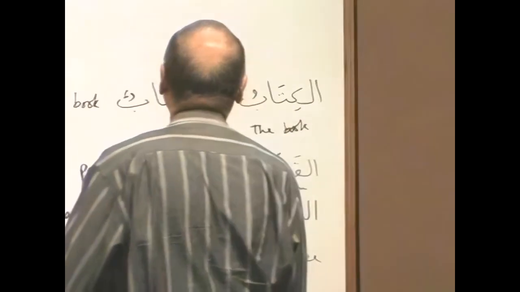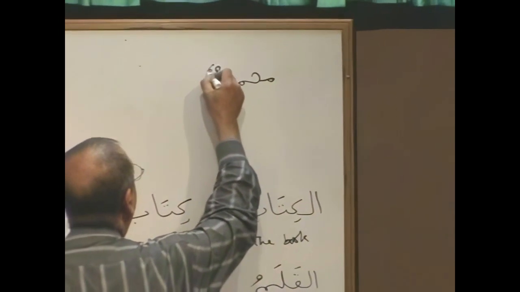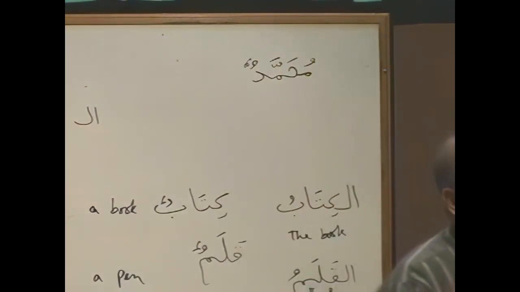I said baytun is indefinite. How about if I write Muhammadun? There is a tanween there, which always tells me that the noun is indefinite. But what about Muhammadun? Is it definite or indefinite?